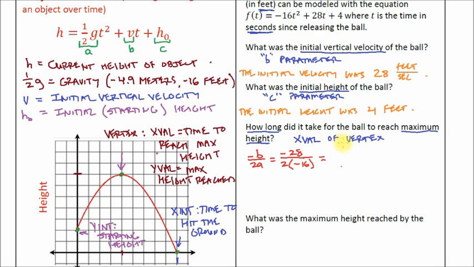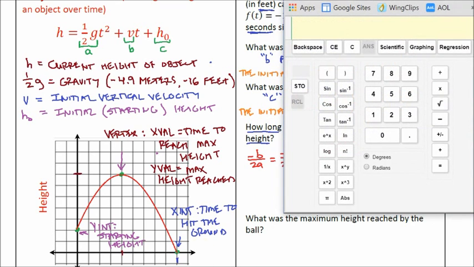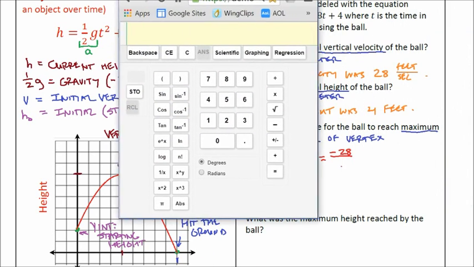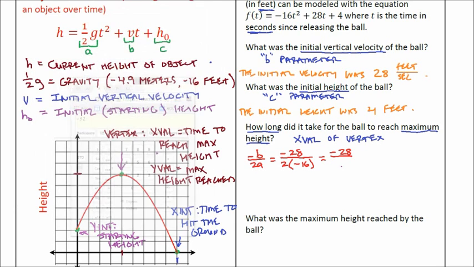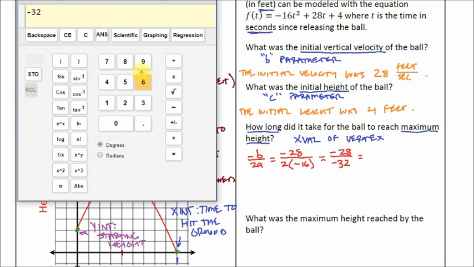Remember, I've taught you that if you've got multiplication in the denominator or the numerator, just do that first. Let's go ahead and do 2 times negative 16. So 2 times negative 16, and that's negative 32. So I've got negative 28 over negative 32, and let's multiply that out.